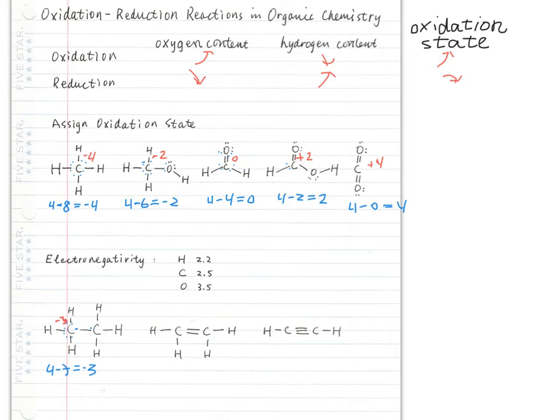Right? So in the case of ethylene, the oxidation state of each individual carbon equals -2.